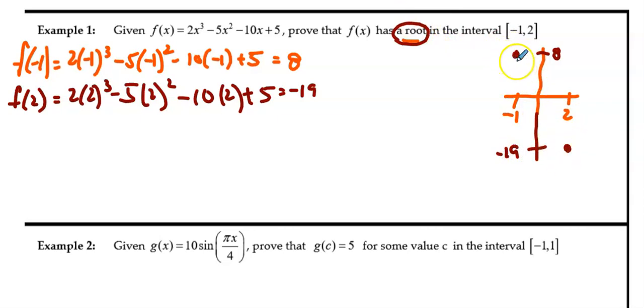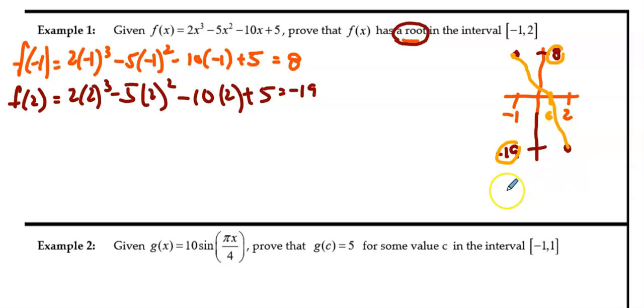It doesn't matter how I connect the 2 points, all right? I just know that at some point, some value of c, I don't know what that value of c is, but I know that in order for me to go from point A to point B on a continuous function, I have to go through the x-axis because one of my values is positive and one of my values is negative.